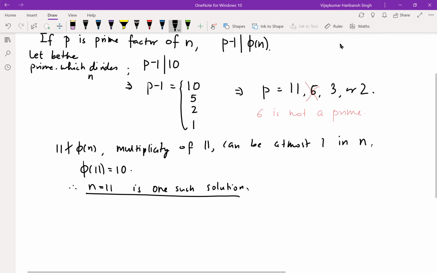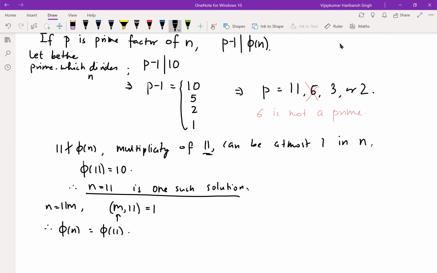And now 11 only appears with multiplicity 1. So if there are other prime factors, let's call them m. If n equals 11m, we have m and 11 are co-prime. I'm avoiding the prime factorization for it. So what do we get? Phi of n equals phi of 11 times phi of m, because they are co-prime.